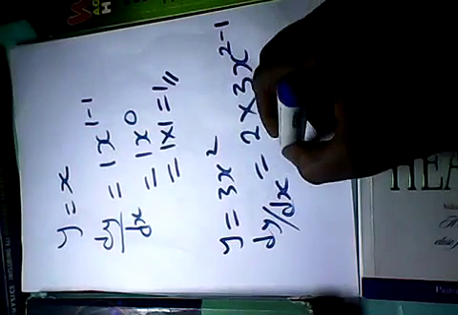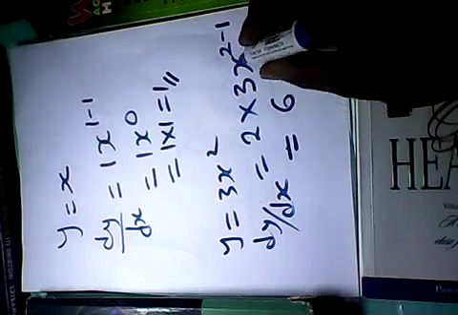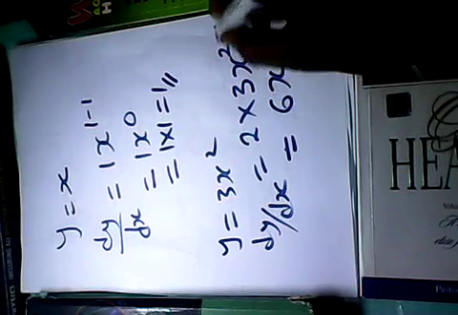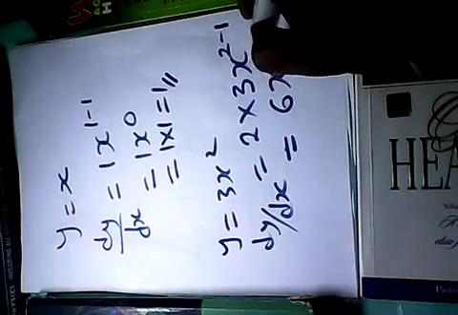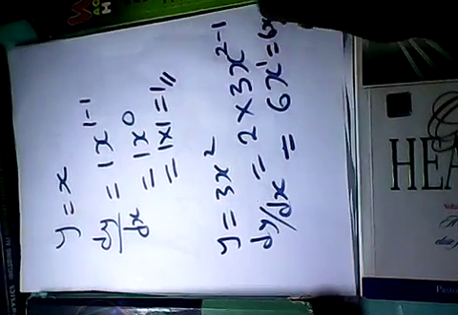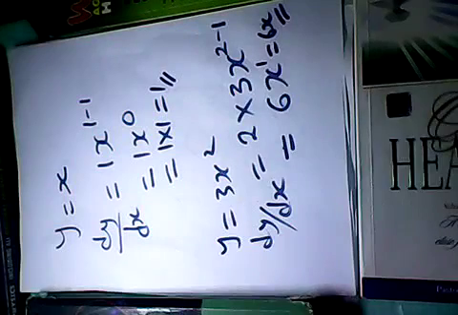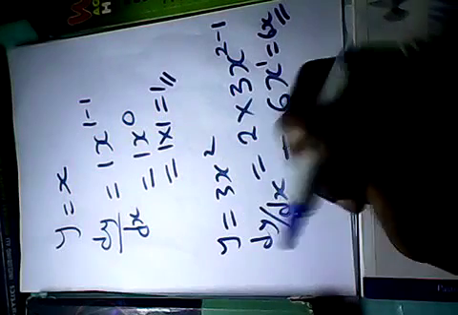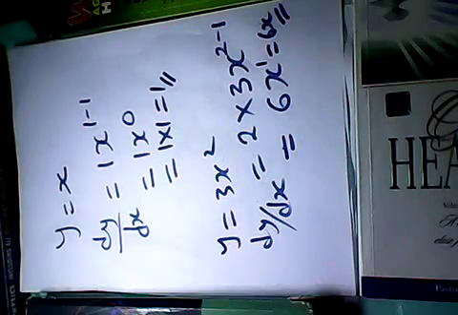That gives us 2 times 3, which is 6. x raised to power 2 minus 1 is 1. So we have 6x raised to power 1, or we call it 6x. So when we differentiate y equals 3x squared, we have 6x.